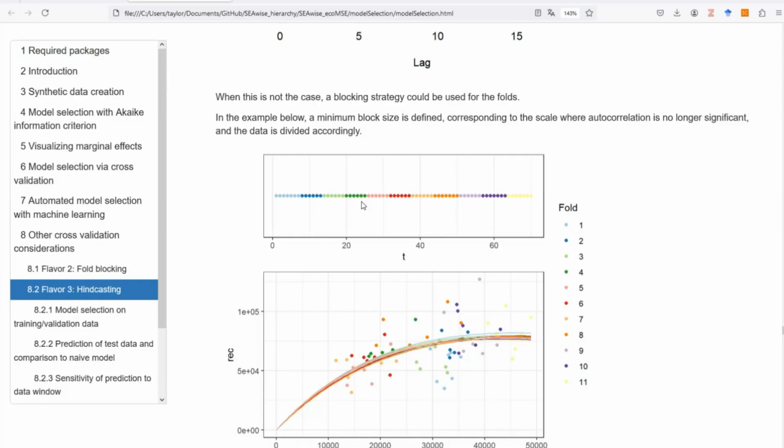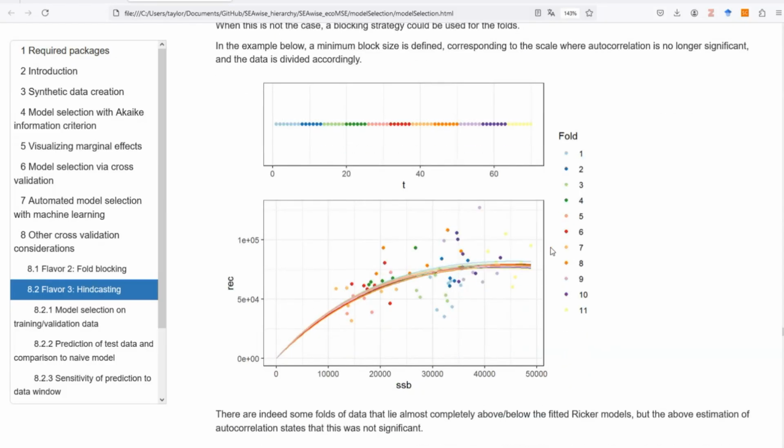I've just defined a minimum block size of 6 years in this case, and then the function that I included in the example divides up the data as close to that minimum size as possible. So here we end up with 11 folds, and you would hold out one at a time, fit the model, and predict the other fold.